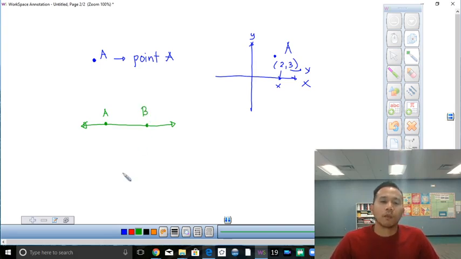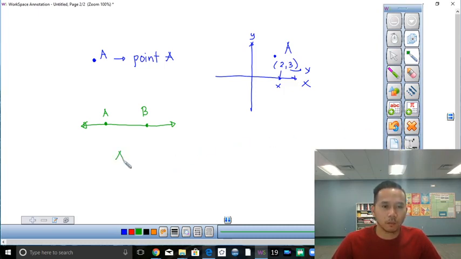So to name this line, we can name this with a double arrow on top of it. Sorry for that. Okay, so AB, and then you draw above your AB a small double-arrow line.